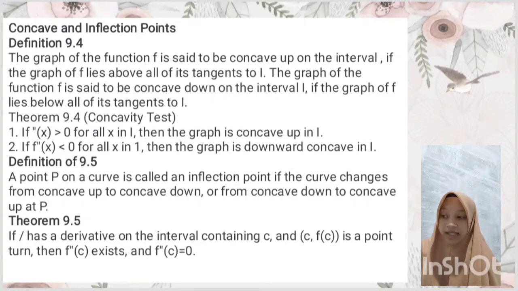Concavity test. 1. If f''(x) is more than 0 for all x in I, then the graph is concave up in I.